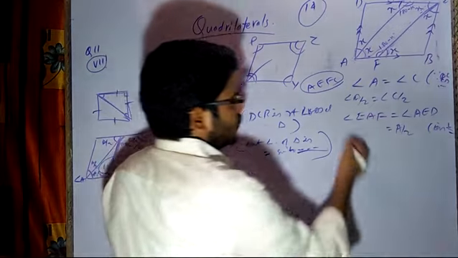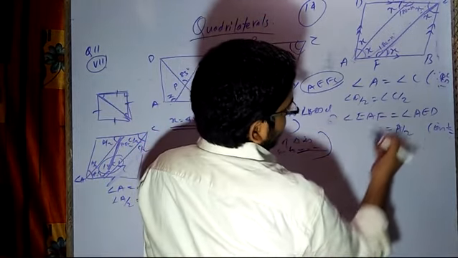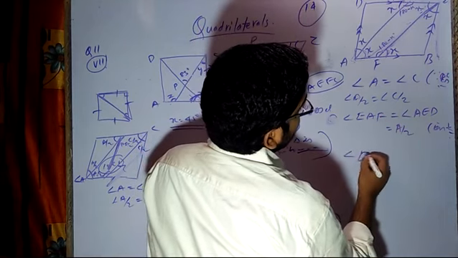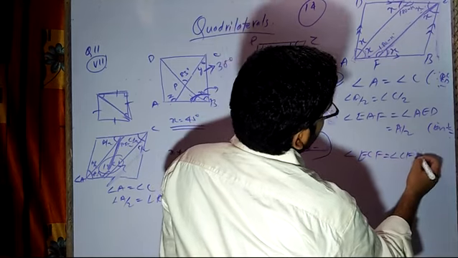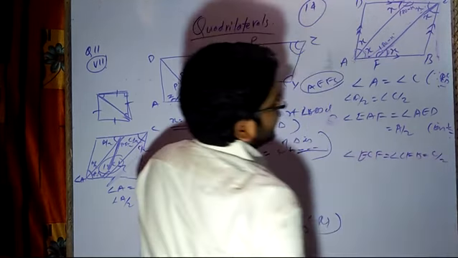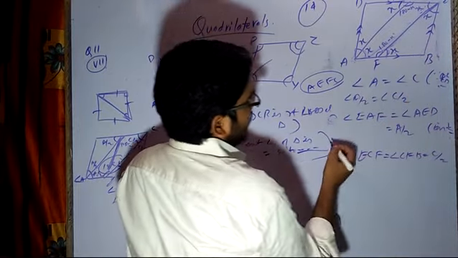You write, my dear students. I am having a lack of space. Second, we can write angle ECF is equal to angle CFB is equal to C by 2, interior alternate angle. This is equal to this angle.